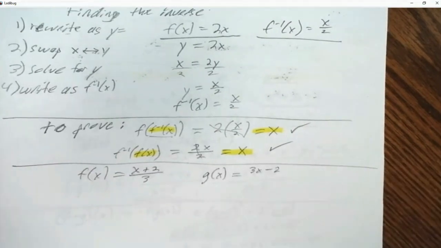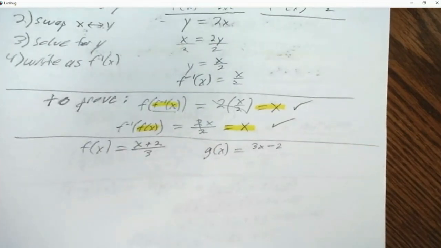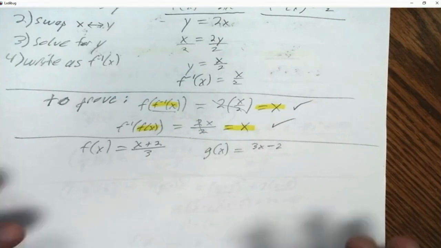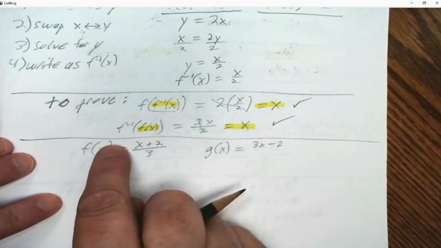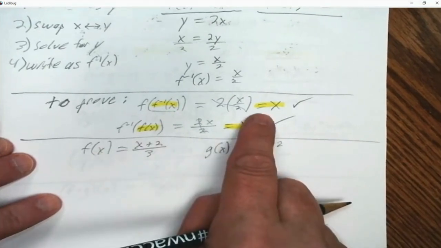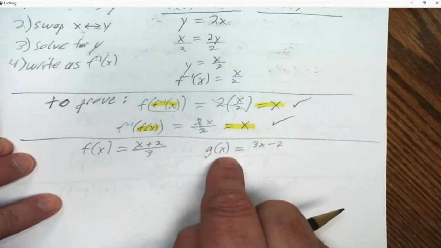Are those inverses of each other? And they'll say, prove that they are or are not inverses of each other. And you're like, okay, well, let's see. How would I do that? Well, you do it just like this. We substitute g of x in for x in f of x and see if it equals x. And then we substitute f of x into g of x and see if that equals x.